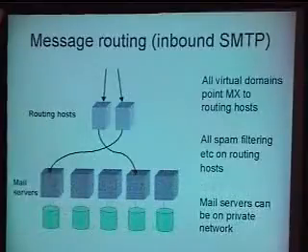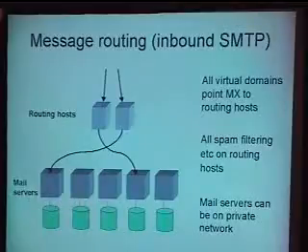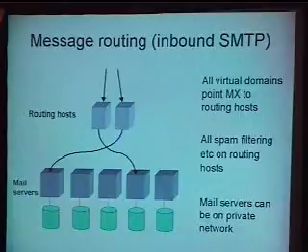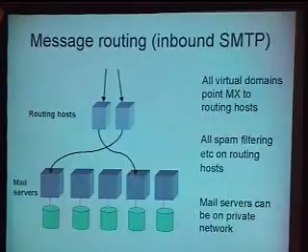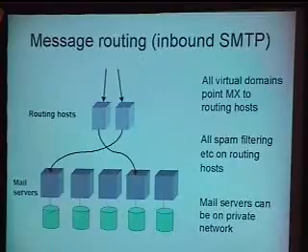Okay, so typically I end up with an architecture like this, a two-layer architecture. The bottom layer here is the actual mail servers, the endpoint mail servers, and the first layer, the two machines up here, is a relay hub, where you do routing and also hook in all kinds of spam filtering, virus checking, stuff like that.